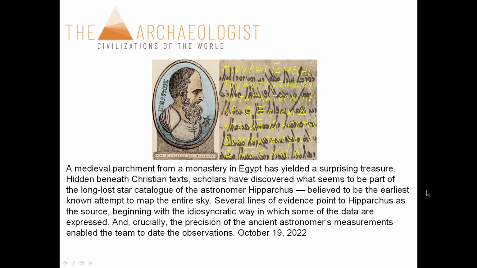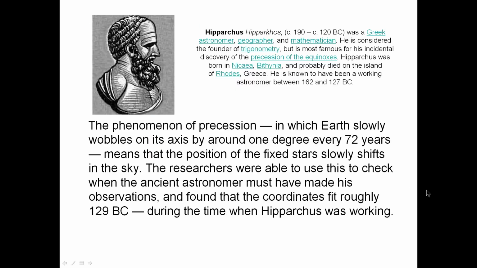So astronomy goes way back, and the mapping of the sky goes way back. But this is perhaps one of the earliest written documents that would ascribe to that discipline. So the way they find these dates is they use a phenomenon called precession, which is where the Earth moves around its axis 1 degree every 72 years.